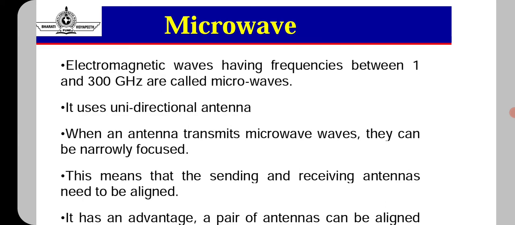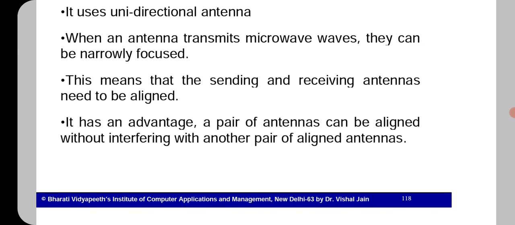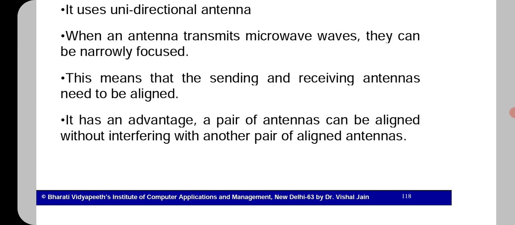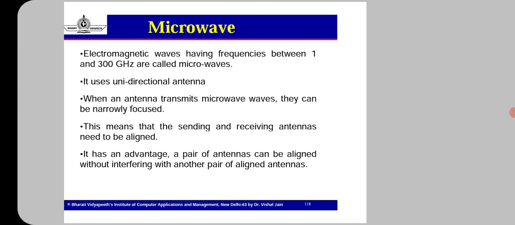It uses a unidirectional antenna. When an antenna transmits microwaves, they can be narrowly focused. This means that the sending and receiving antennas need to be aligned. It has an advantage: a pair of antennas can be aligned without interfering with another pair of aligned antennas.